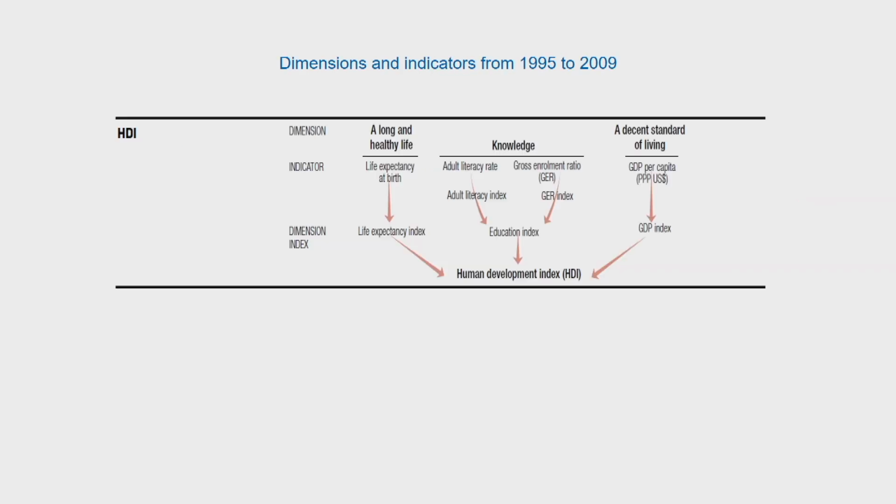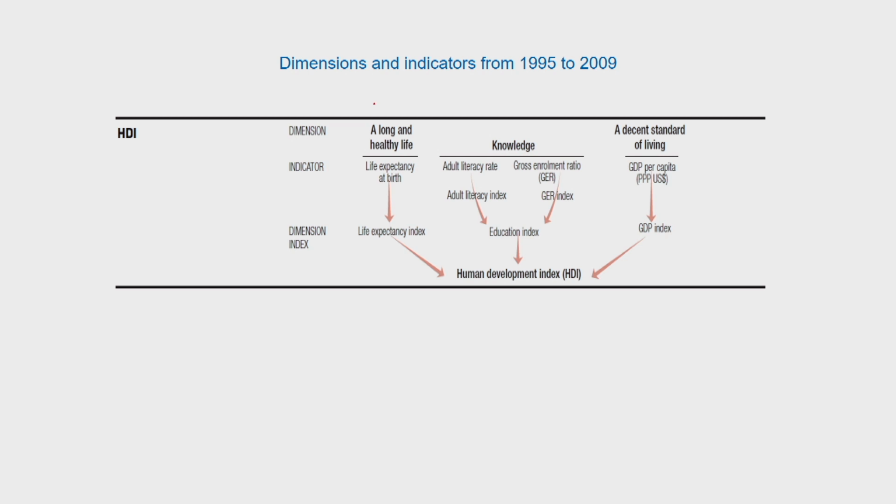So, in 1994 there was a change in the indicator. Another change came about in dimensions and indicators, particularly not in dimensions, in 1995, and this change in indicators continued from 1995 to 2009. If you see the dimensions, long and healthy life, knowledge and decent standard of living, it continues to be the same till the recent HDR.